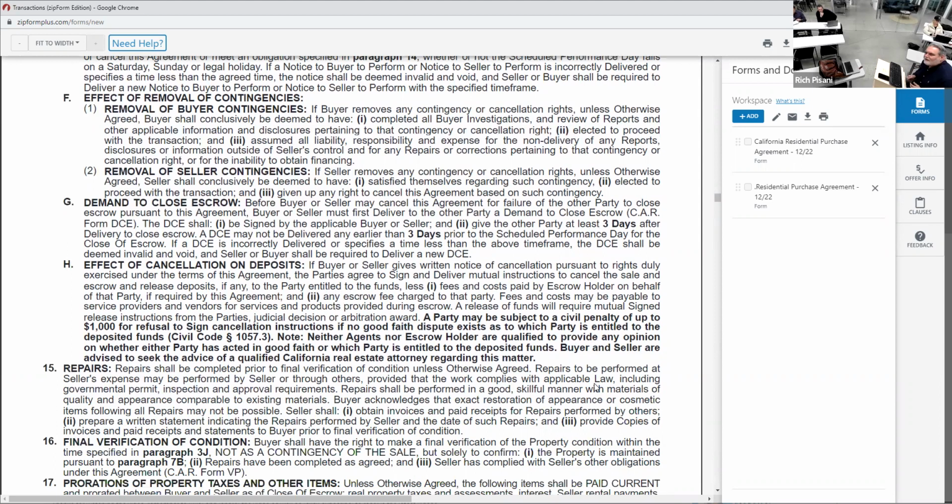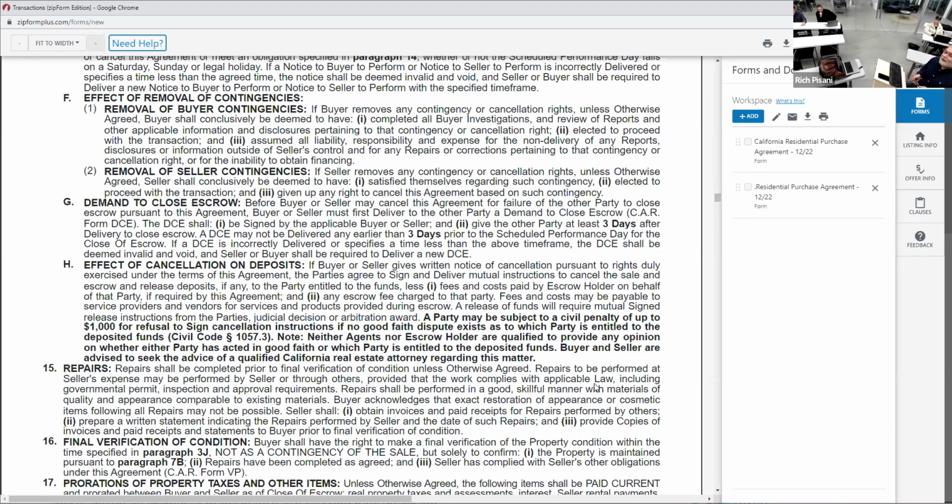If buyer or seller gives written notice of cancellation under the terms of the agreement, the parties agree to sign and deliver mutual instructions to cancel the sale to escrow and release deposits to the party entitled to the funds, less fees or costs to the escrow holder.